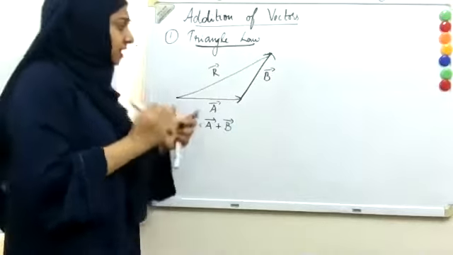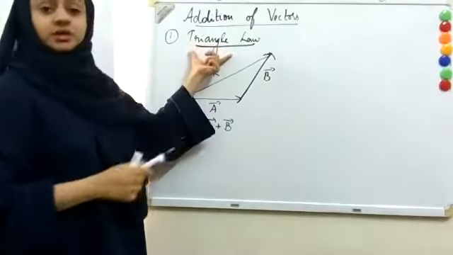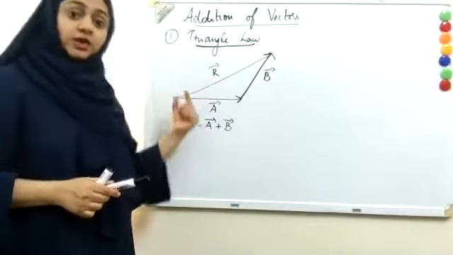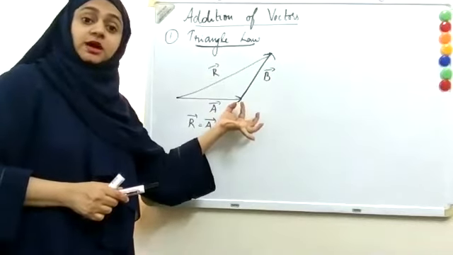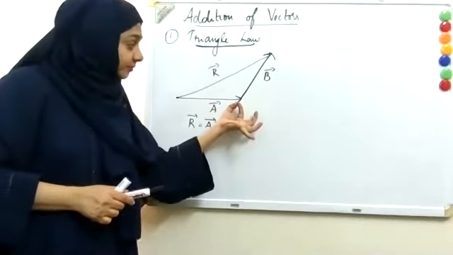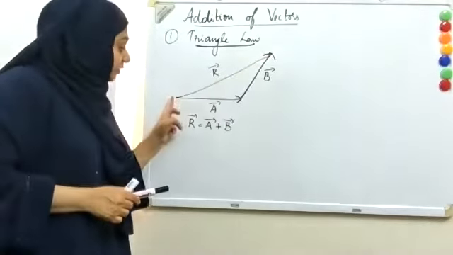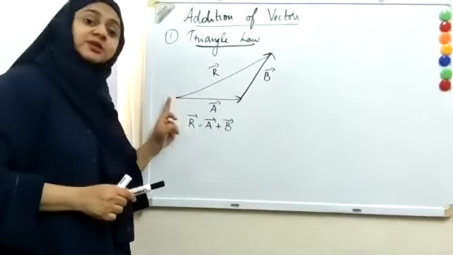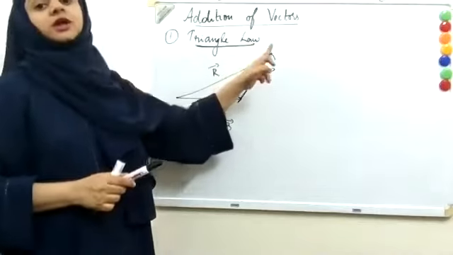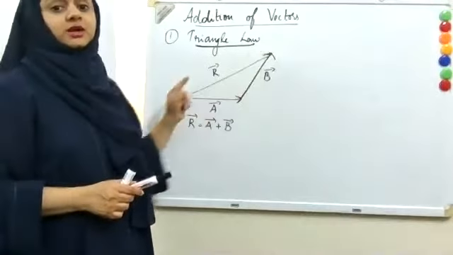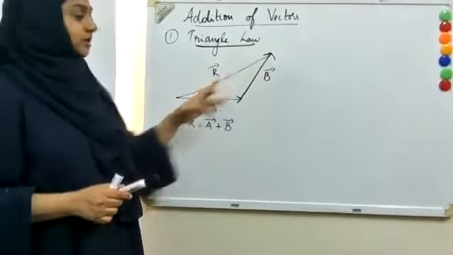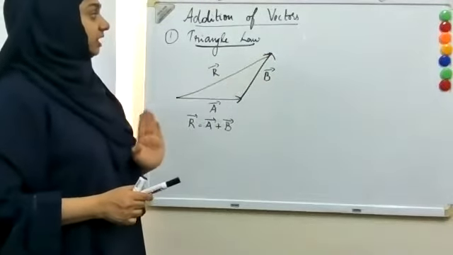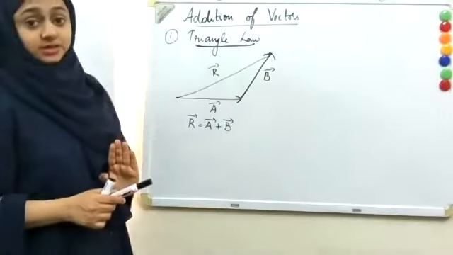So how will you state the triangle law of vector addition? You have to say that keep the tail of the second vector at the head of the first vector and draw a vector from the tail of the first vector to the head of the second vector. Then we will get the resultant or the sum of two vectors. This is called the triangle law of vector addition.